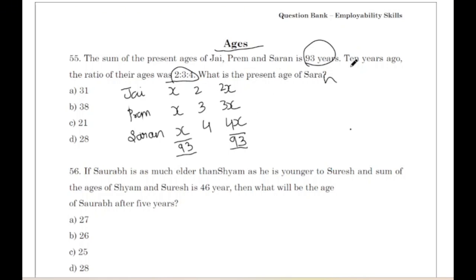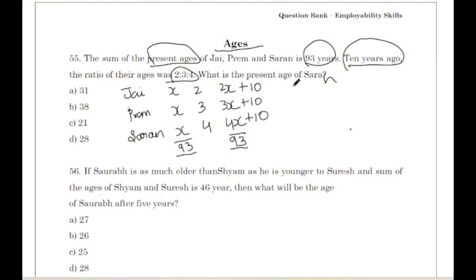And again, what they're asking is 10 years ago. This is the present age, and they're asking 10 years ago. These ratios were 10 years ago, so we have to add 10 years to it: 10, 10, 10.